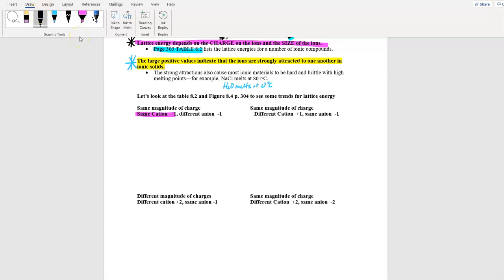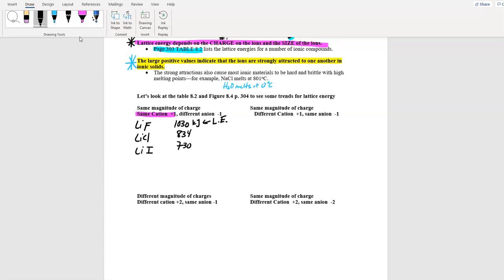So here we go. Let's look at lithium fluoride, lithium chloride, and lithium iodide. If I write down the numbers, these are in kilojoules: 1030 kJ, then 834 and 730. Now what do you notice? These energies are lattice energy.